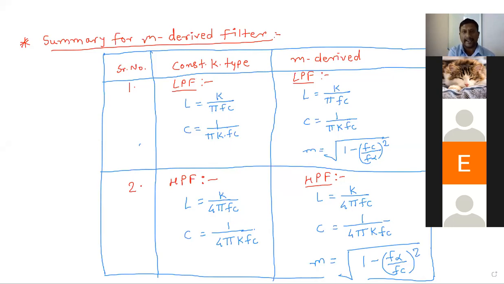So we can discuss three advantages of M derived filter and then we can stop. So these advantages were already asked in the university question paper.